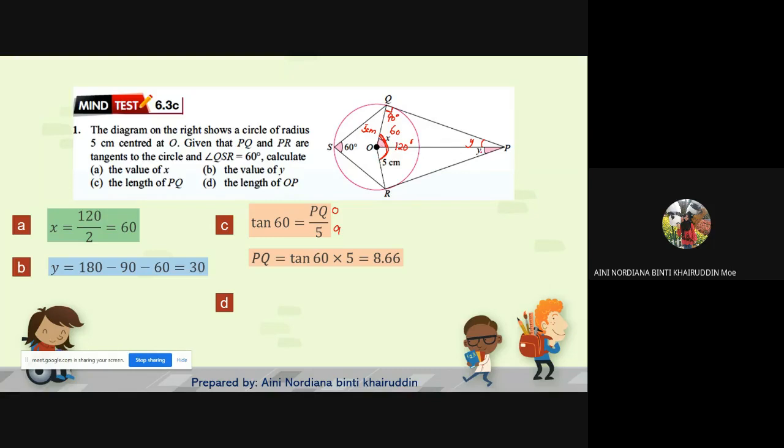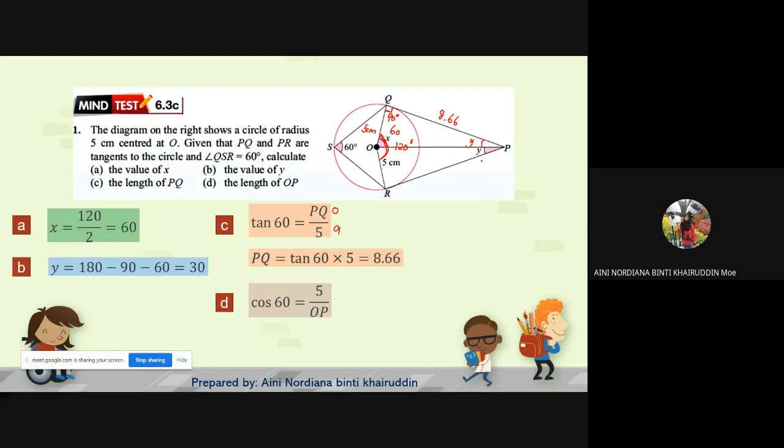So to calculate OP, you can use either Pythagoras theorem or trigonometric ratio. For me, I use trigonometric ratio. If you want to use Pythagoras theorem, here 5, just now you get PQ is 8.66. Then to calculate OP, OP is the hypotenuse. So square root 5 square plus 8.66 square.